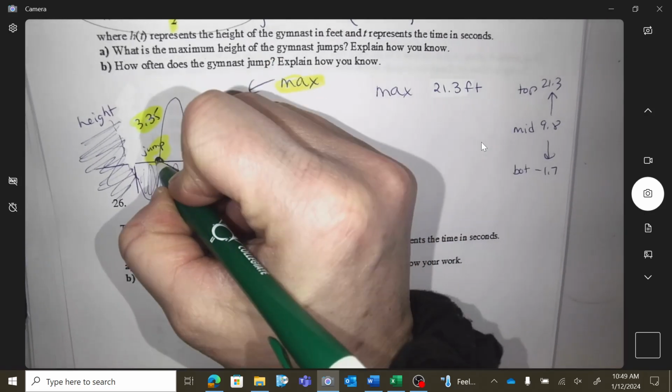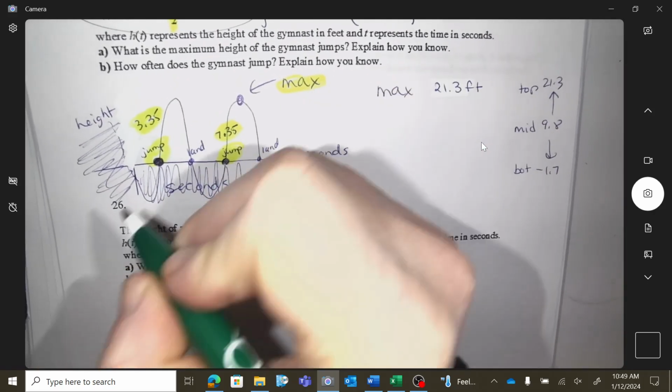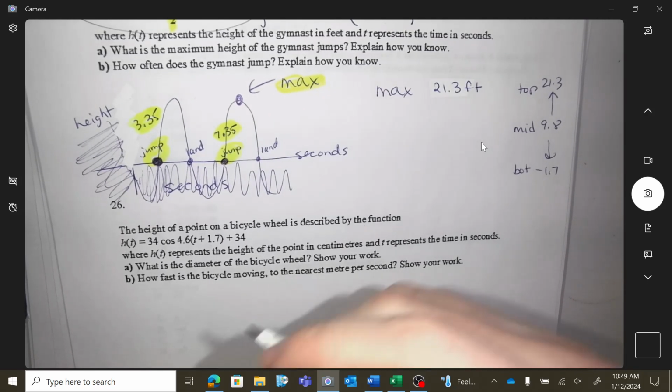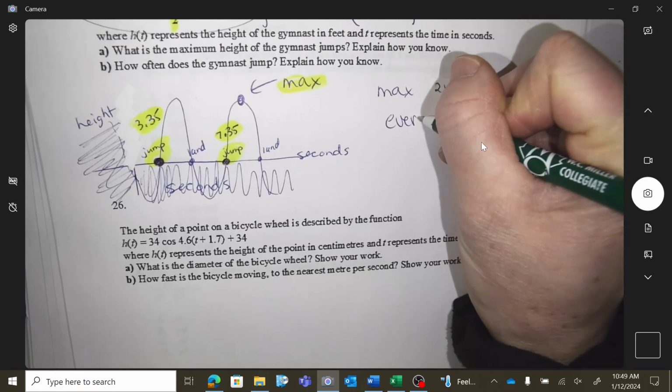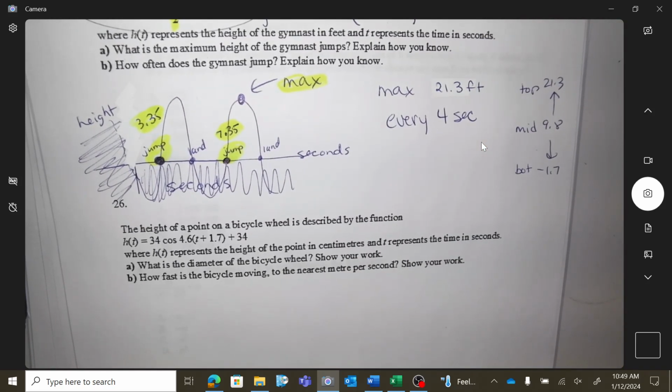So this one I got a 3.35 on, and then the next jump I got a 7.35. So every 4 seconds, this gymnast is jumping off the ground.